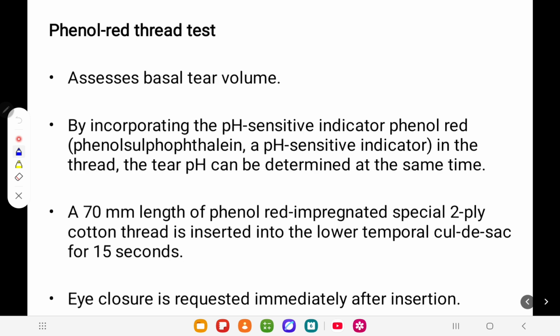The phenol red thread test is another test for basal tear volume. It incorporates a pH sensitive indicator, phenol red, which changes color when it touches the tear. The thread is 70 mm long. A polycotton thread is inserted into the lower temporal cul-de-sac for 15 seconds, and the eye is closed immediately after insertion.